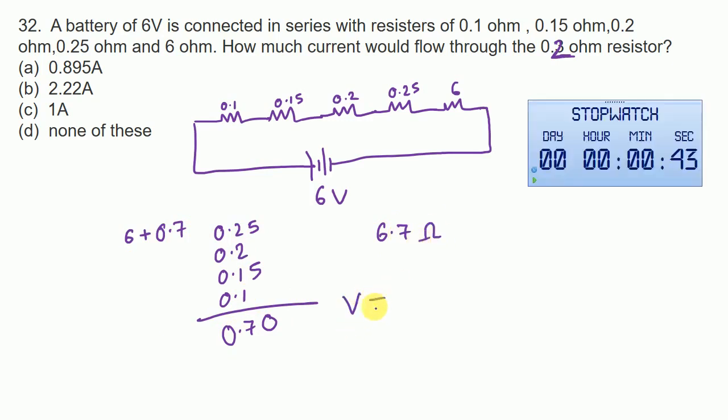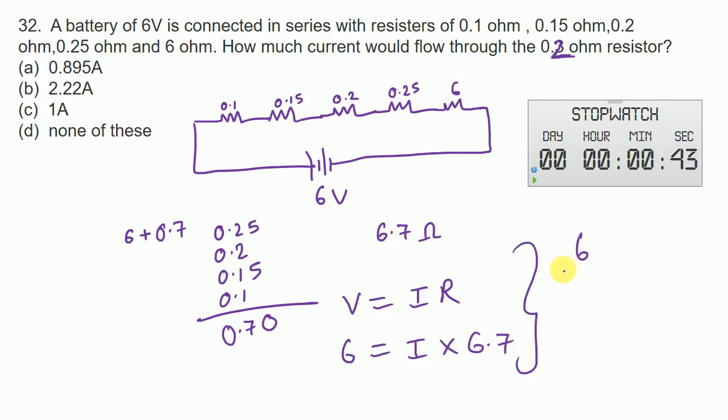We know V equal to IR. V is 6, I we have to find out, and R is 6.7. So we divide 6 by 6.7. You get I. Clear? Now let's find out 6 by 6.7.